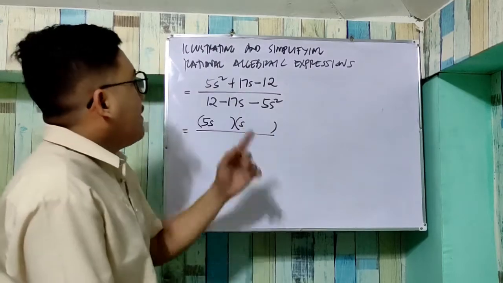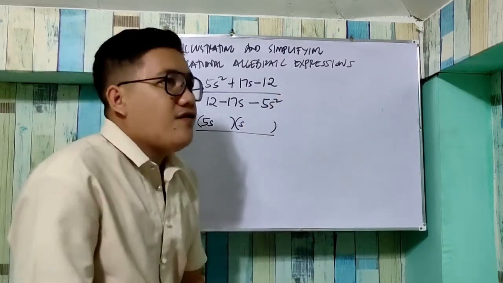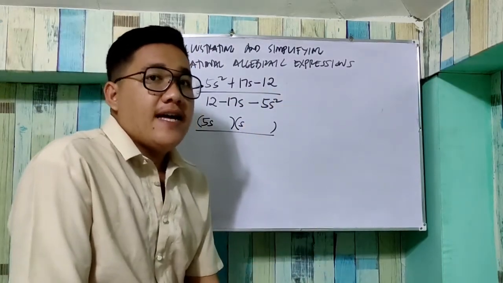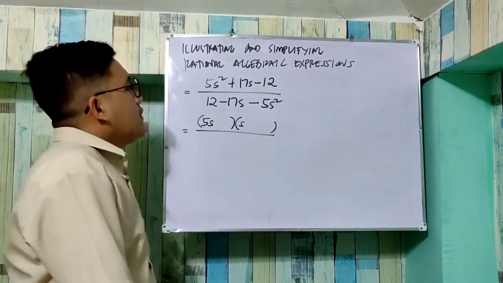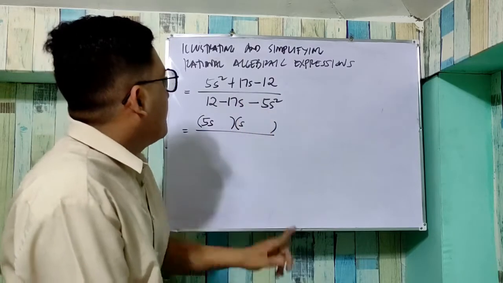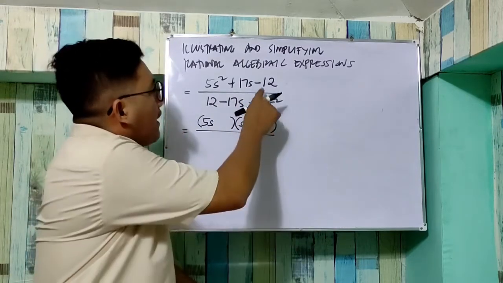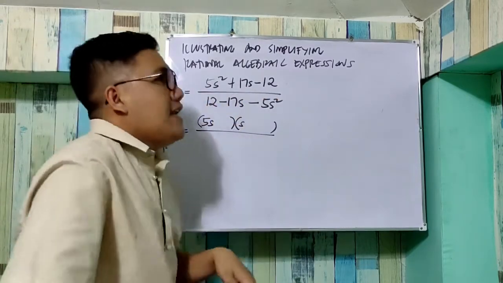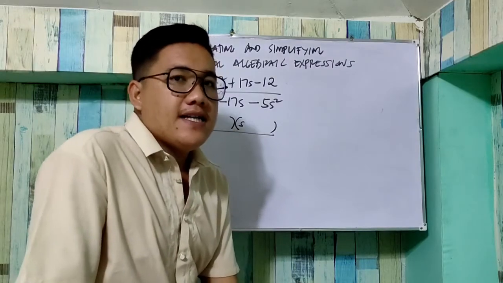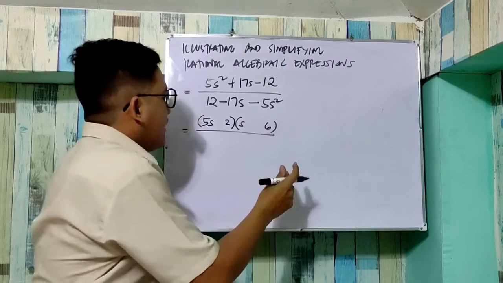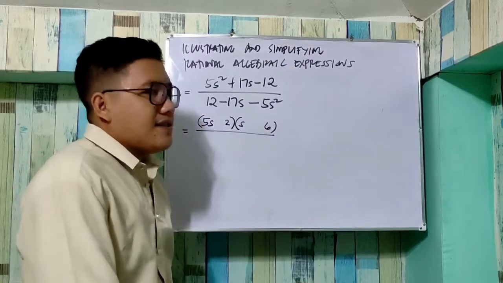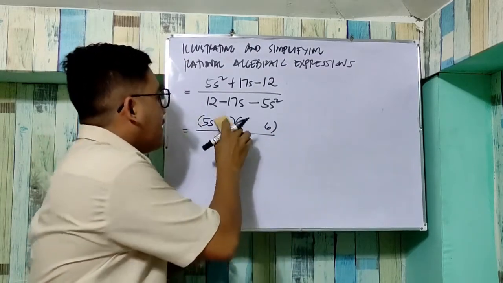Since negative, therefore isang positive tsaka isang negative. Mamaya na natin yan i-place kung saan. Try muna natin yung factor ng 12 tsaka ng 5 na pag pinagsama magiging 17. Try natin 2 and 6. 5 times 6, that is 30. Masyado nang malayo.